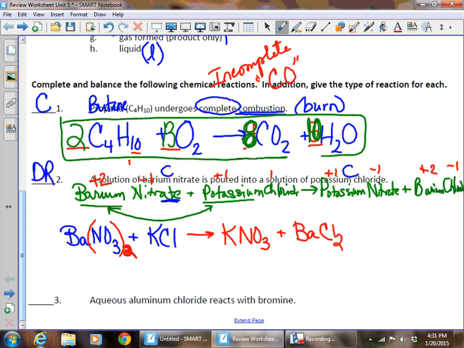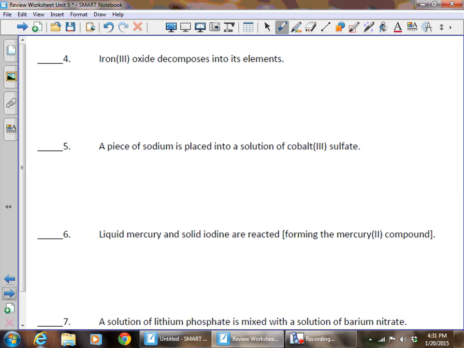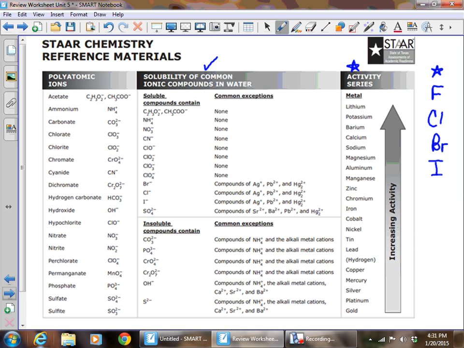Now, this is one of the types of reactions that may not work. And remember, the way we know this is to decide if one of these 2 products forms a precipitate. One of these 2 products must be insoluble or this reaction will not work. So we've got potassium nitrate and barium chloride. And one of the things that I've asked you to remember is to notice that the alkali metals, the group 1As, those are always soluble.